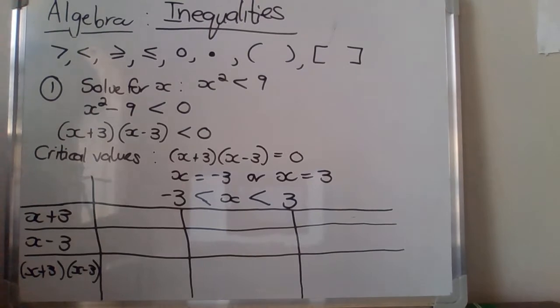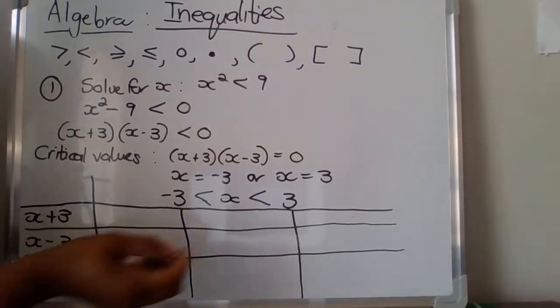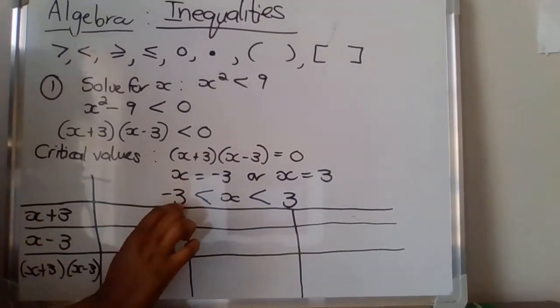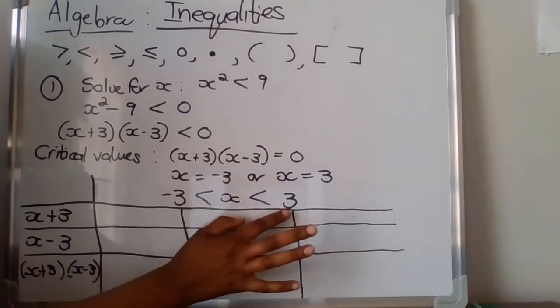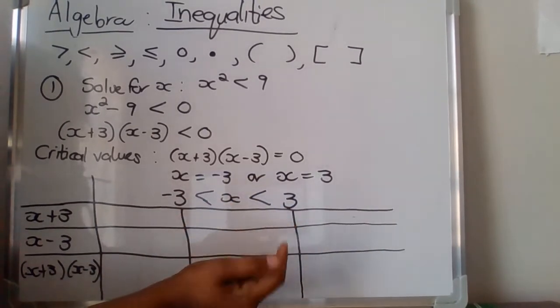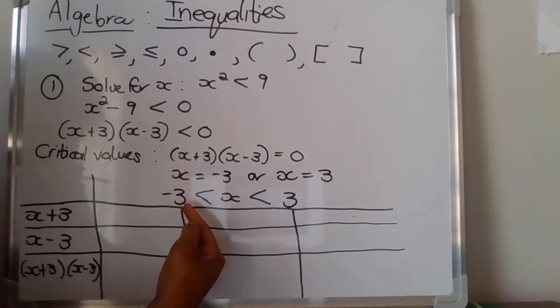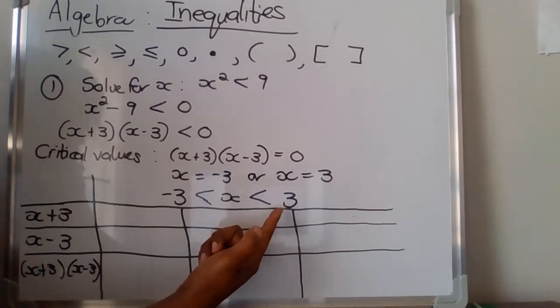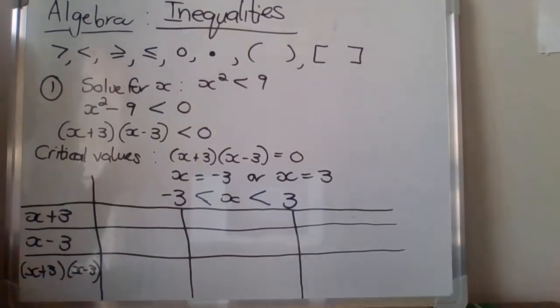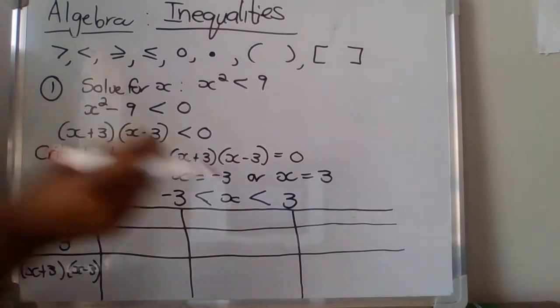So all I did was, I want to know my critical values are minus 3 and 3. So I put that in ascending order, okay? And then I want to understand now what happens when x lies between these two values, okay? So let's do it step by step, okay?